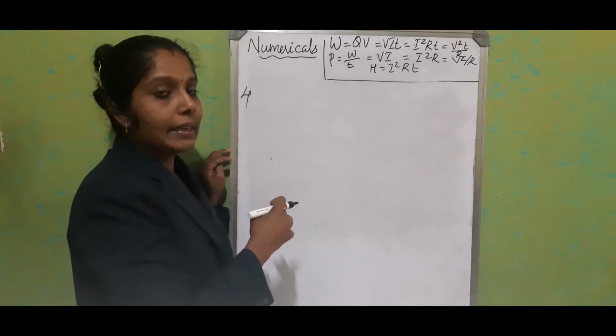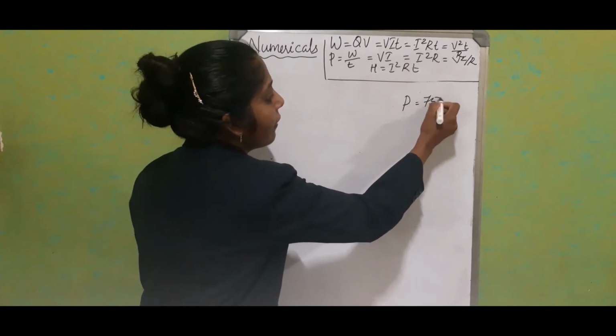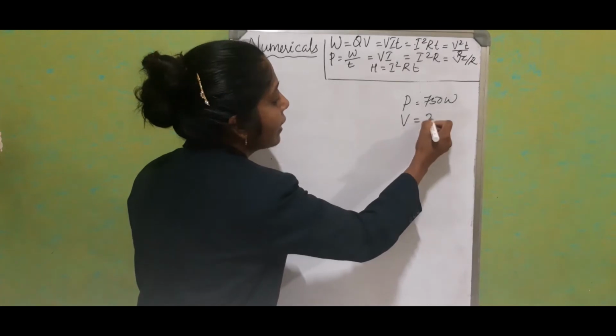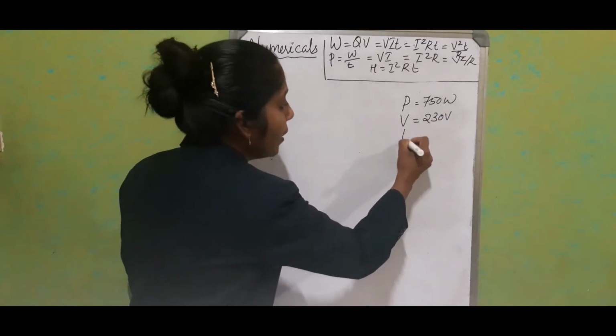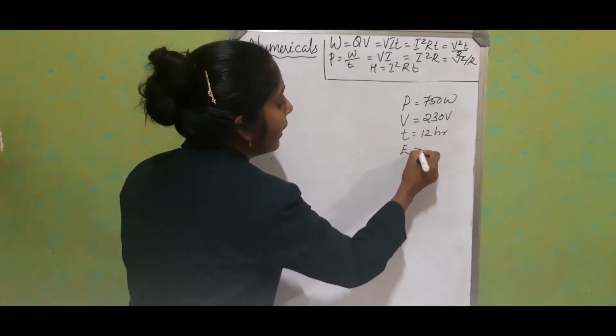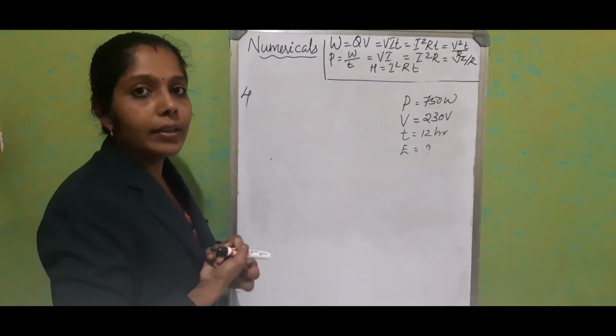In the fourth question, an electric press of power 750 watts and voltage 230 volt is given, and it worked for 12 hours. We need to find out the energy consumed. How can we find out the energy consumed?